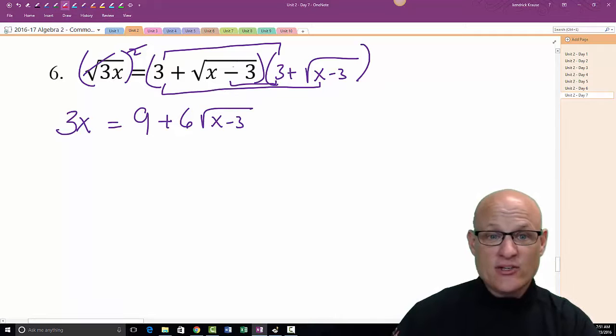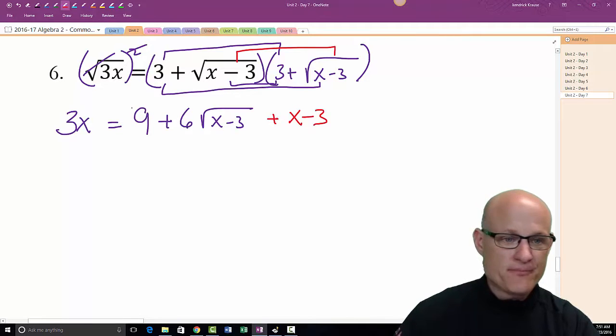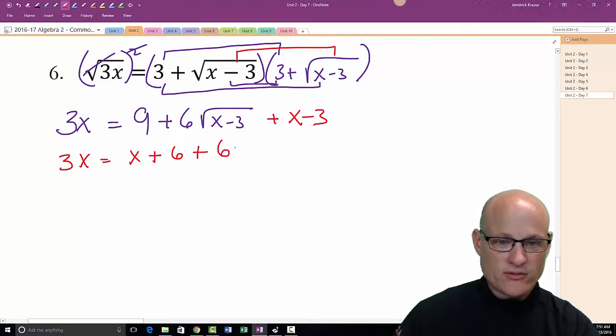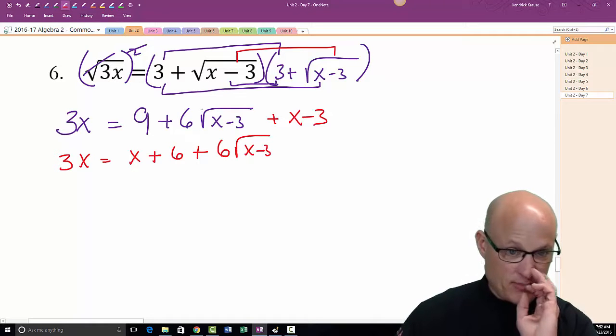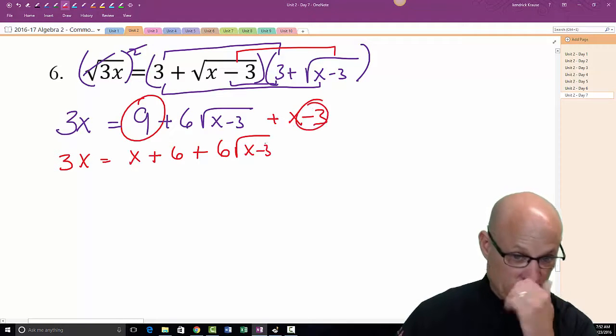And then the square root of x minus 3 times the square root of x minus 3 is just x minus 3. All right, so we got 3x equals x plus 6 square roots of x minus 3, right? So I just put the x out front, and I put this 9 together with this minus 3.